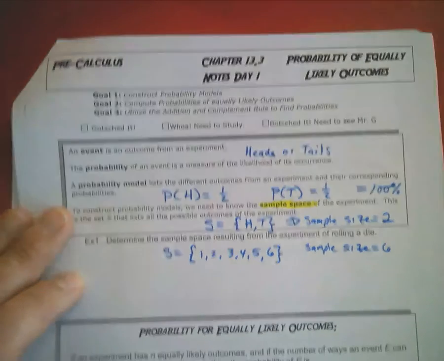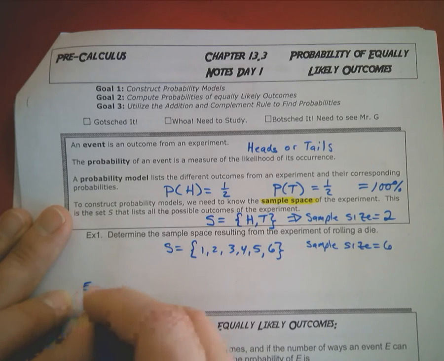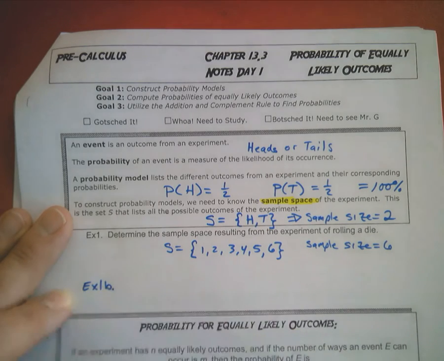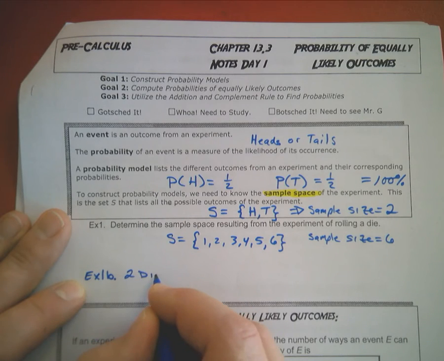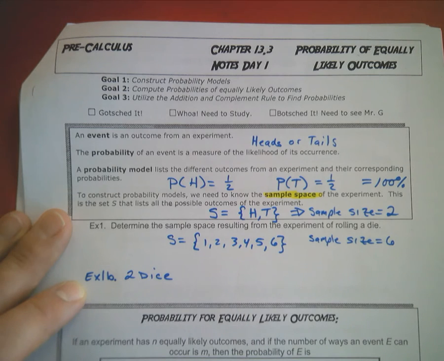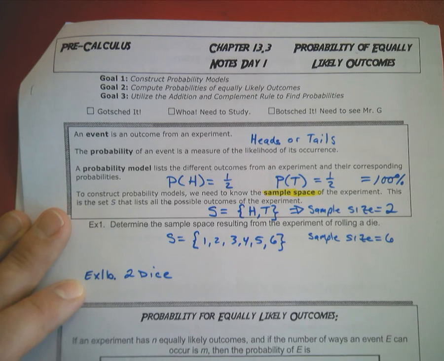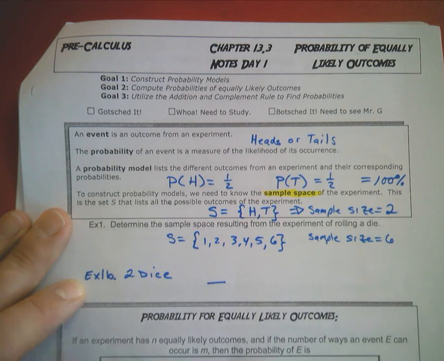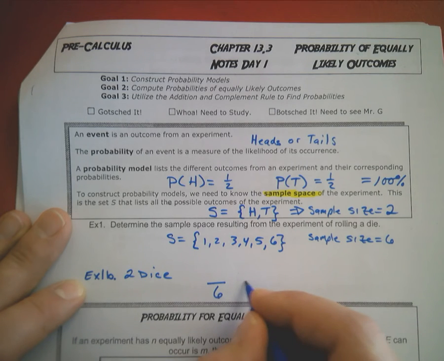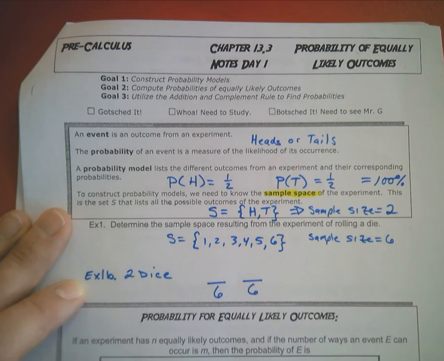Now, example 1B, I'll call it, is what do you do when you have 2 dice? What is the sample size then? This is pretty much what we learned in chapter 13.2. On the first die, we have 6 choices, right? And on the second die, we have 6 choices.